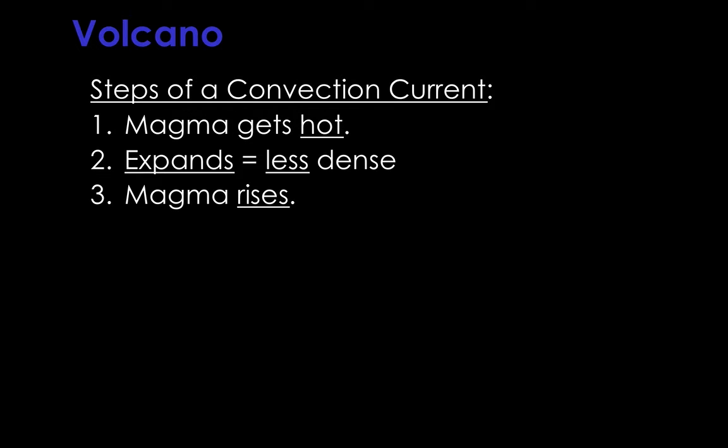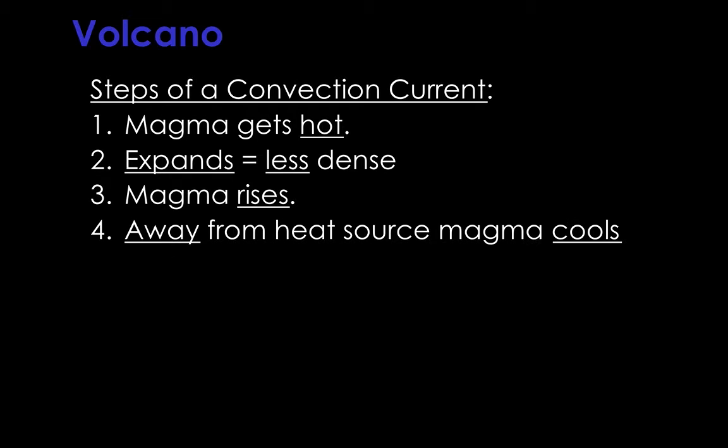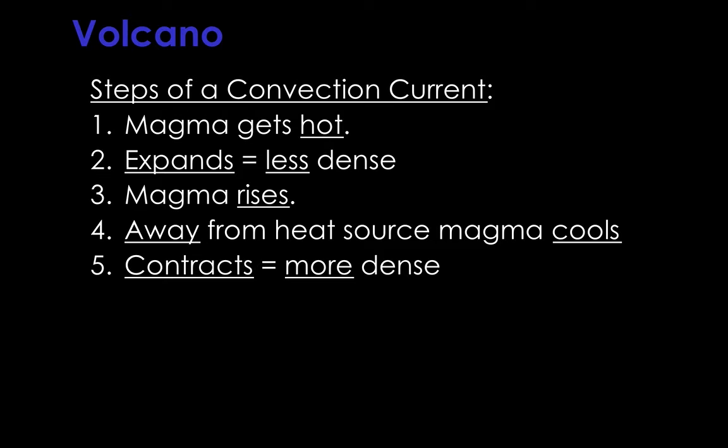And as it moves away from the core, it also is getting further and further away from that really intense heat source. So as it rises and moves away from the heat source, it's going to start to cool down. As that magma cools, that is going to cause the particles in the magma to move closer together, or in other words, become more dense, or another word for that is that they contract.